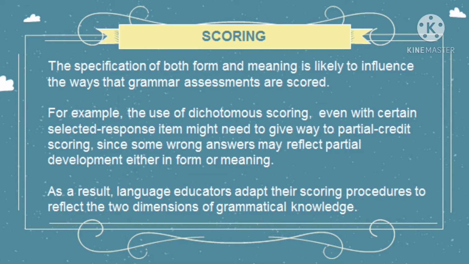These two dimensions that need to be reflected in the scoring procedures, which are central in second language learning and teaching, are knowing how to use the grammatical system of a language to create sentences, and knowing how to use the grammatical resources of a language as part of the processes used in creating spoken and written text. To put it simply, these dimensions of grammatical knowledge are grammatical form and grammatical meaning.